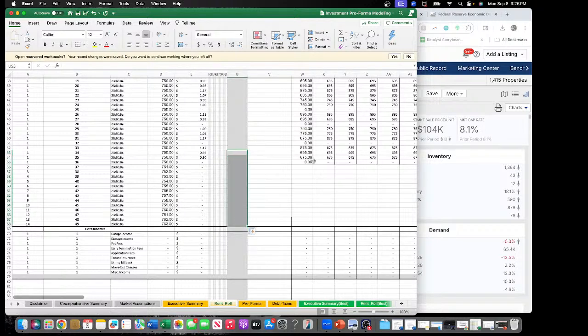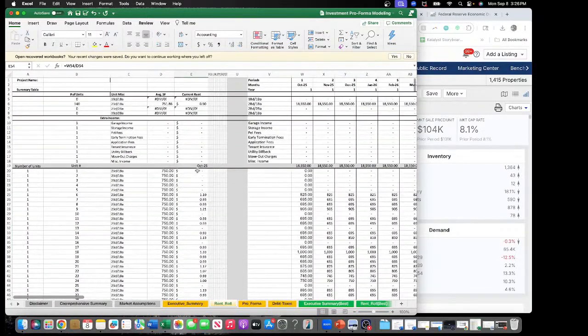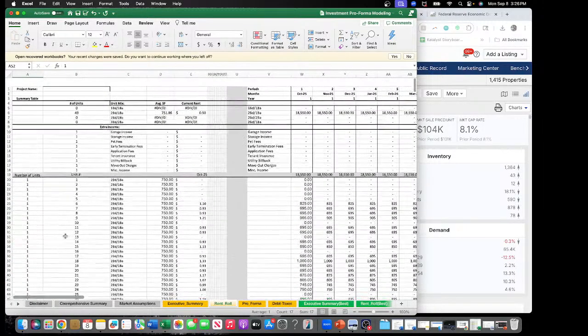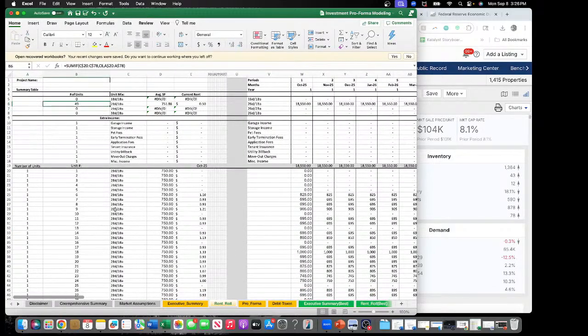I'm going to drag and copy there, and drag and copy here, and one more time, drag and copy there. Already done. Okay, so we have 49 units here. We're going to make sure this all says 1 over here, just for my analysis, for anybody following along with me. So it says 49 units here, all 2-bed, 1-bath.